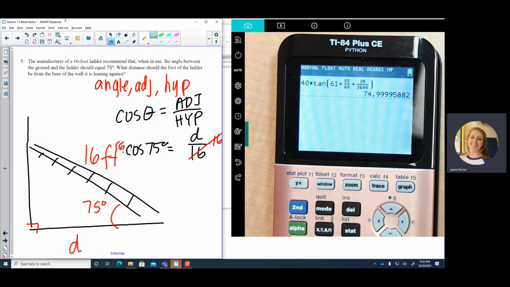We are in degree mode, so that's 16 times cosine of 75. And there we go. We'll round this to 2 decimal places, 4.14. And this again is in feet. 4.14 feet.